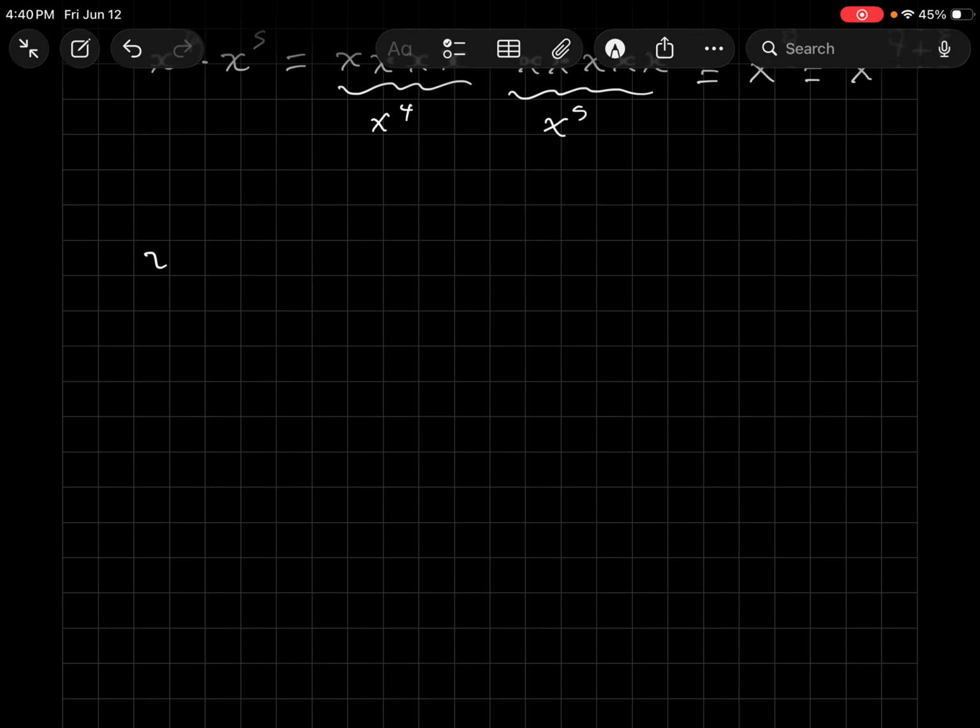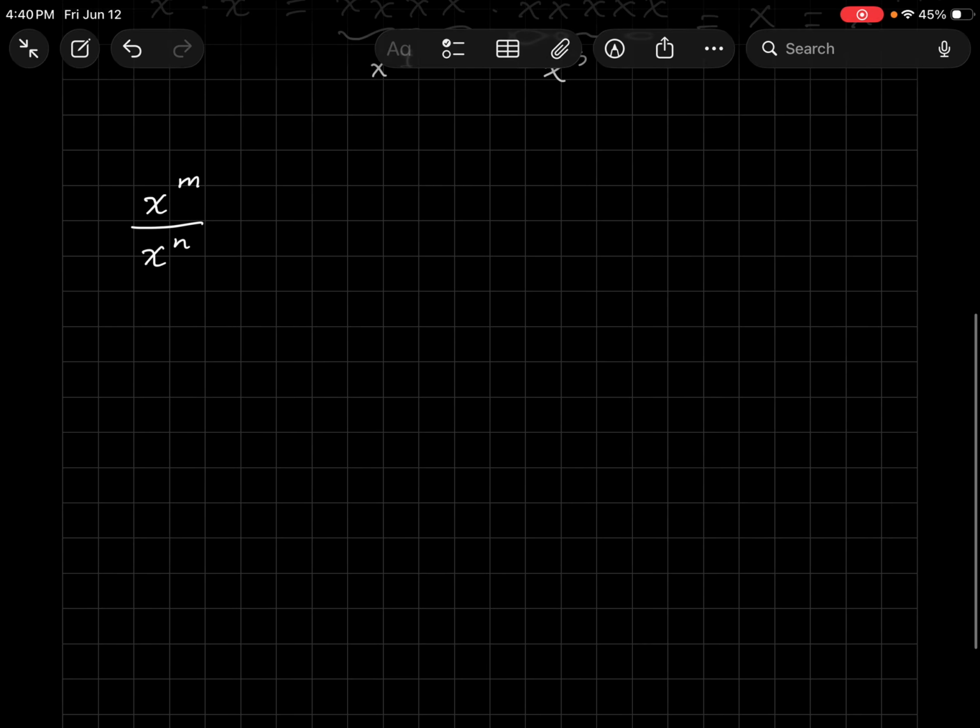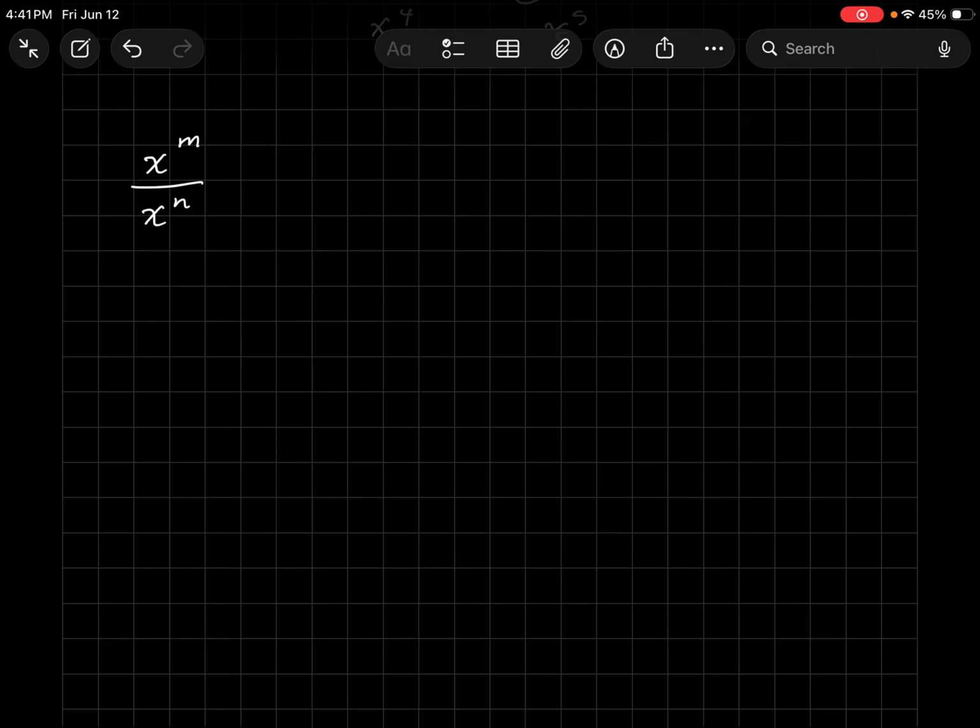Well, how about if we divide two things with the same base? What is the shortcut for this? Let's do this one through example. What if we had x to the 5th over x squared? And let's write it out longhand. x times x times x times x times x all over x times x.